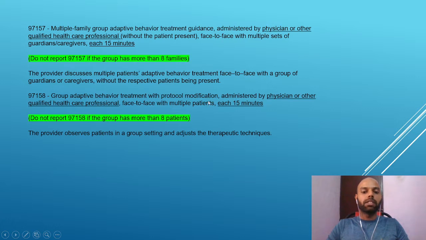Each 15 minutes is considered as 1 unit. Do not report 97158 if the group has more than 8 patients. In 97158, the group session, the provider observes patients in a group setting and adjusts the therapeutic techniques.